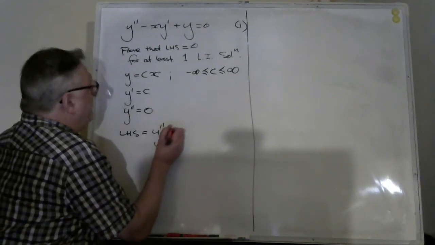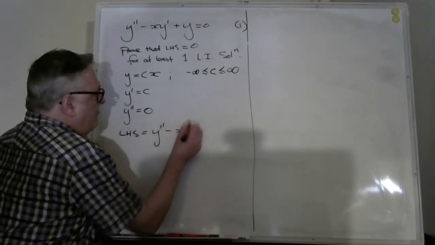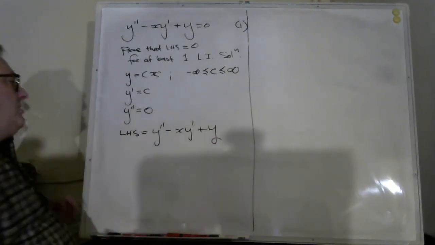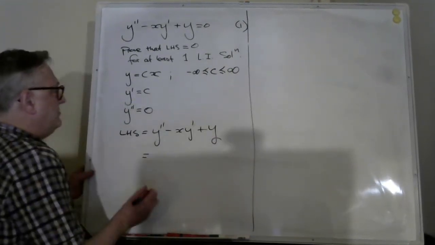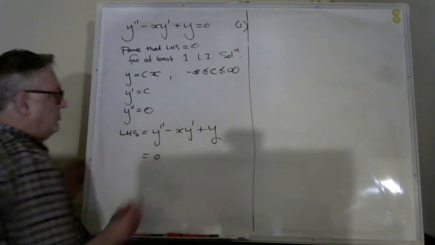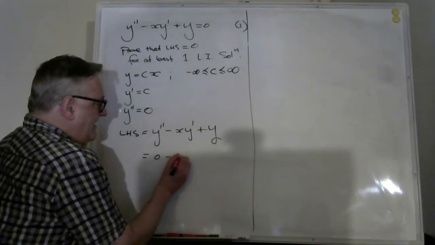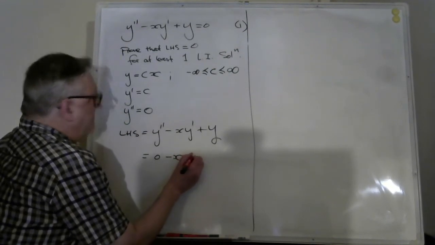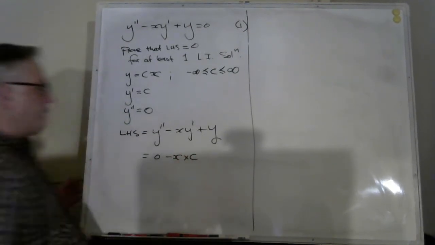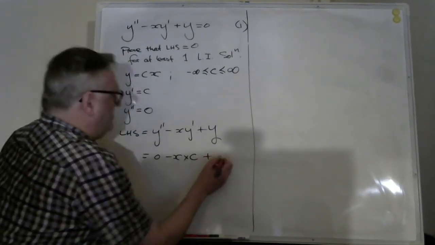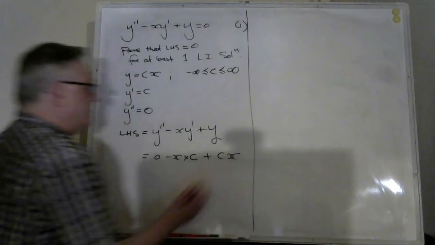y double prime minus x y prime plus y. We're not putting the 0 on there at the moment. So this is equal to 0, for y double prime minus x times c for the y prime bit, plus cx.